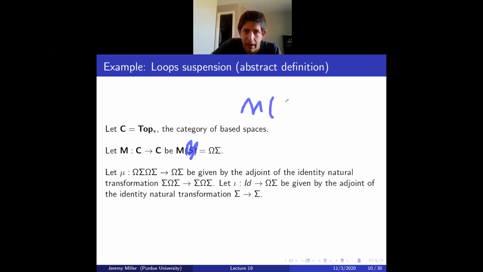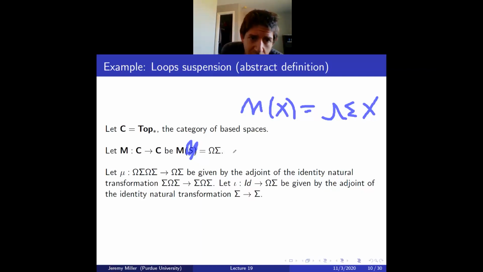So M of X is loops suspension X. X has a base point, because loops at least depends on a base point; depending on your model of suspension, it either does or doesn't. One thing you'll notice is this functor is built out of an adjoint pair of functors. There's a sense in which all monads are. I've never found that particularly helpful, so I'm not going to emphasize it, but it's not a coincidence.